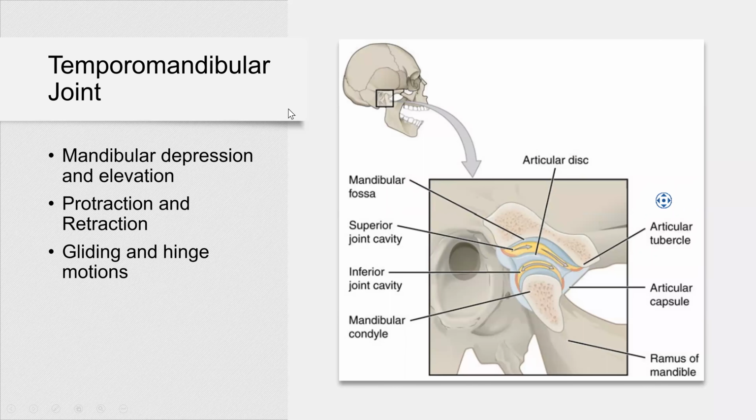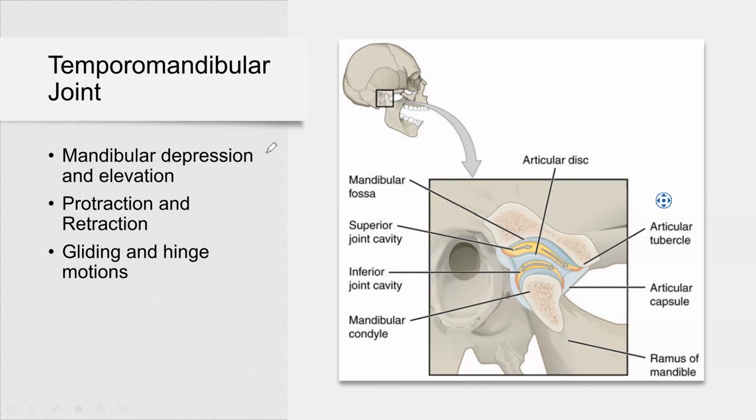The TM joint, or temporomandibular joint, is the articulation between the condyle of the mandible, right here, and the mandibular fossa of the temporal bone, right here. It is also a synovial joint. We have an articular capsule, articular cartilage, and a disc here, and synovial fluid.